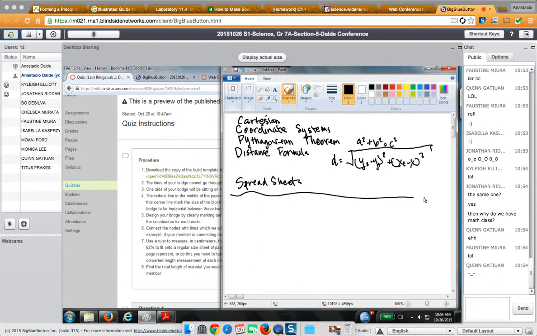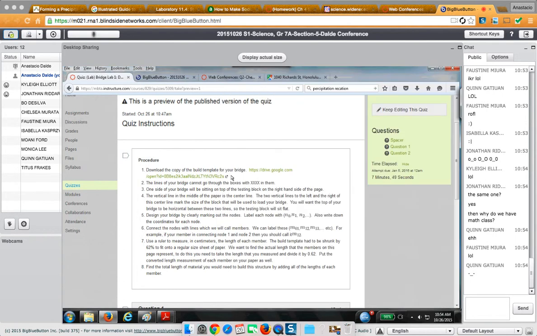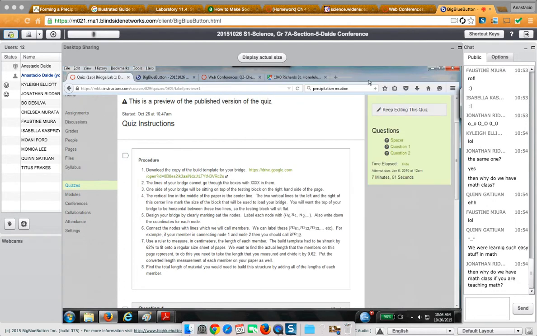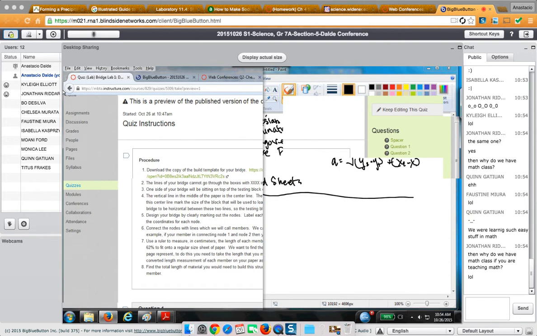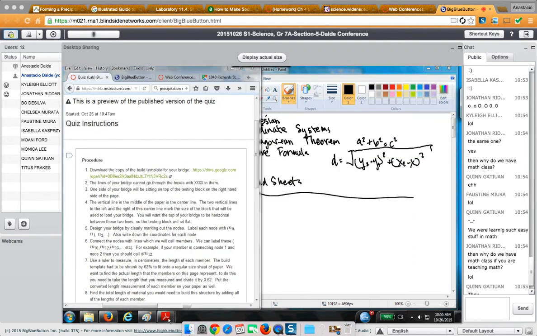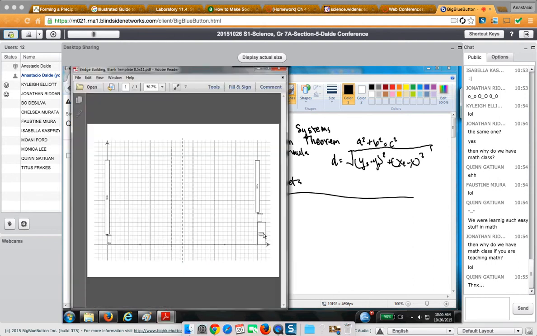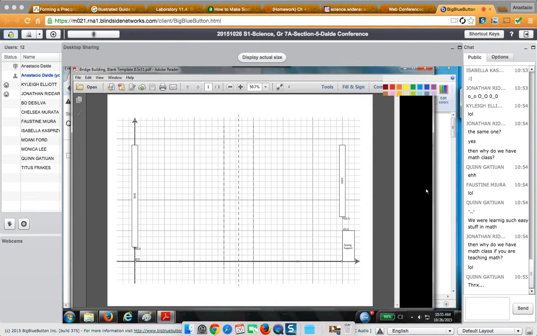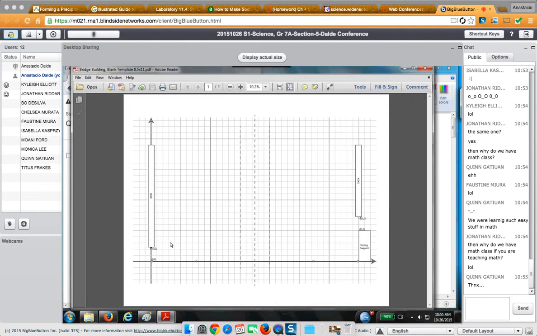So first thing you need to do, download a copy of the bridge building template from my Google Drive. That bridge building template is very simple. It looks like this. It's a PDF file of graph paper, which I drew on. And it has your testing support. And since all of you read the rules for the bridge building competition, you know what this thing is. Your bridge is actually going to go slanted.